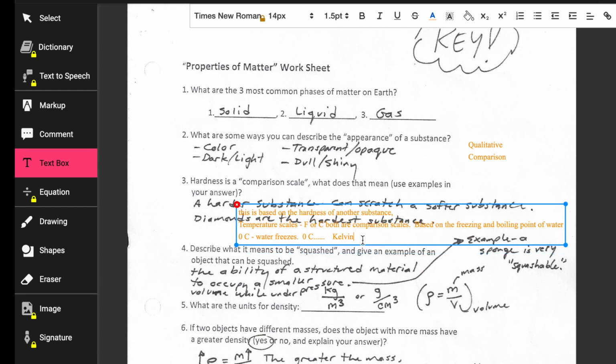Kelvin is based on the kinetic energy of the particles in a substance. So it's more qualitative. Whereas even though this is a number, and we use it in our math all the time, especially in chemistry, it's still a reference to the point at which water freezes.